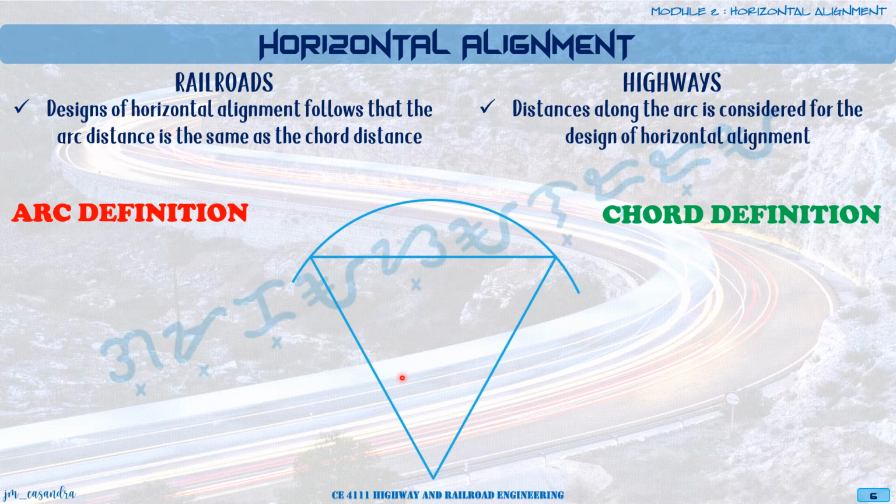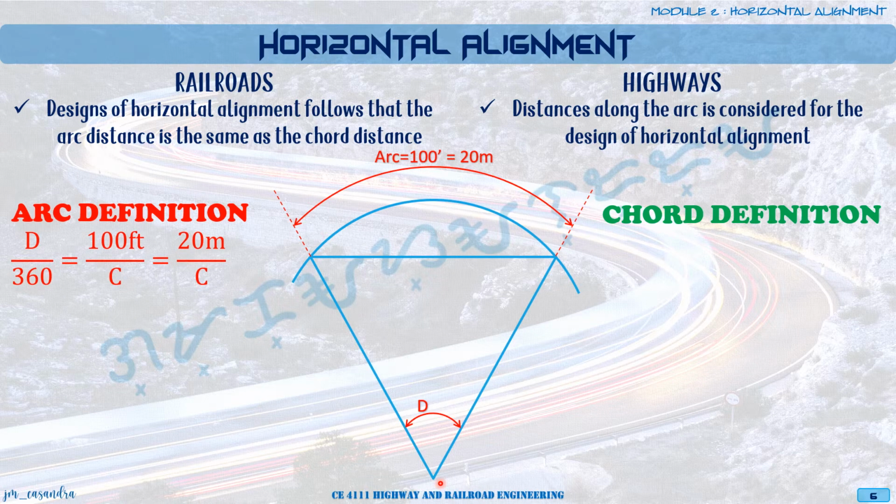So considering now an arc which is 100 feet or almost 20 meters in length, for a 100 feet or 20-meter arc, it will have a corresponding value of D. Okay? So with that, we compare now the ratio of D and 360 degrees, which is the angle for a whole circle. So we equate it to the ratio for the corresponding lengths of the arc.